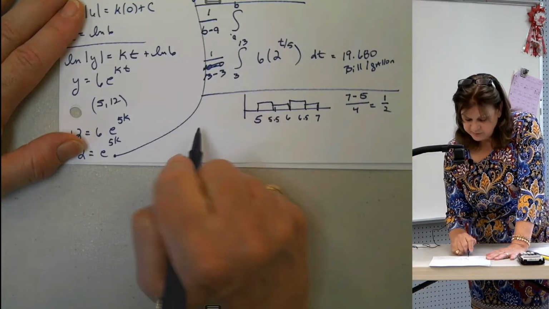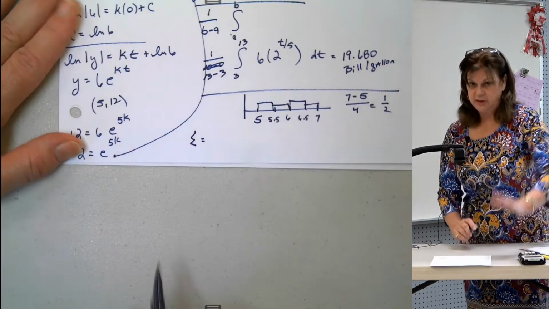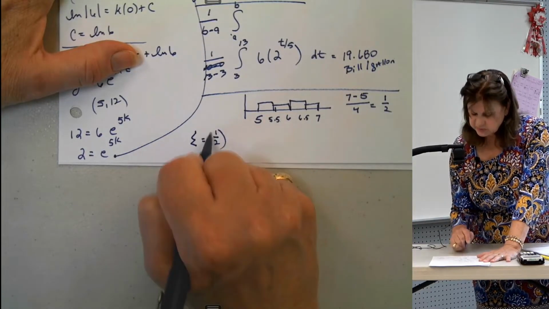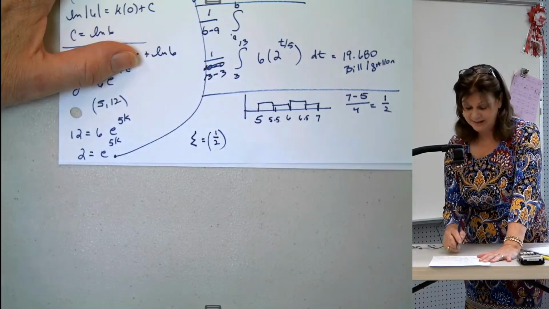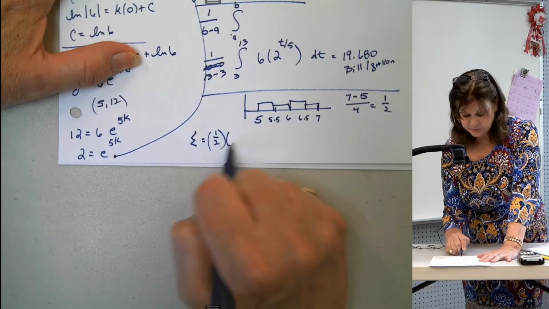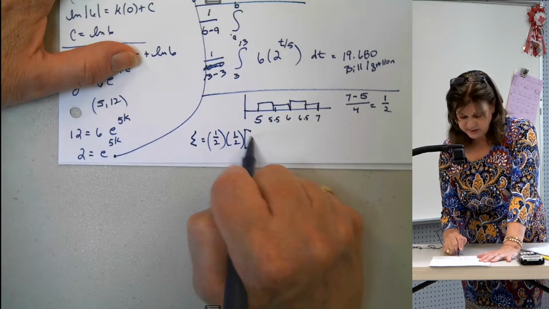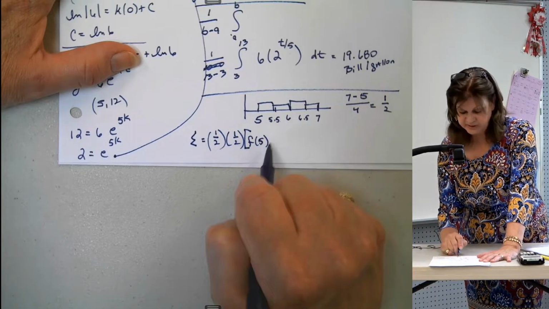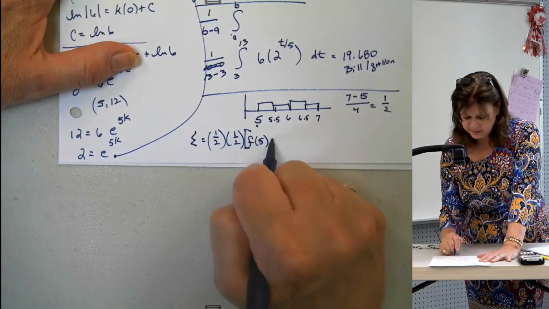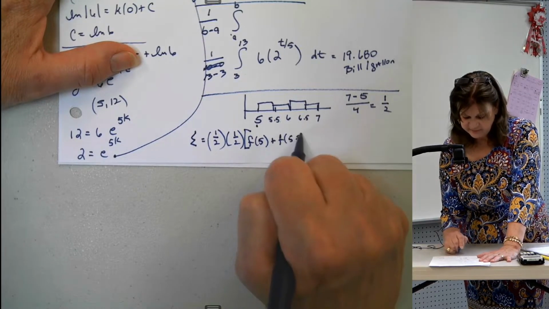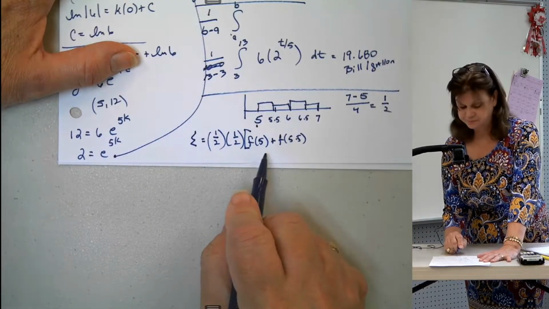So again, when we're doing the summation, every trapezoid gets divided by 2. In this case, we're lucky all the trapezoids have the same height, and the height is 1/2. So then I will be doing f of 5, base 1, and then f of 5.5. So there's the first trapezoid.